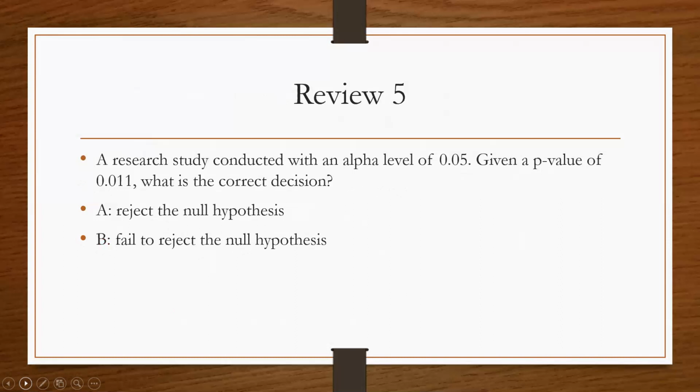A research study conducted with alpha level of 0.05. They got a p-value of 0.011. What is the correct decision? Do they either reject the null or fail to reject the null?